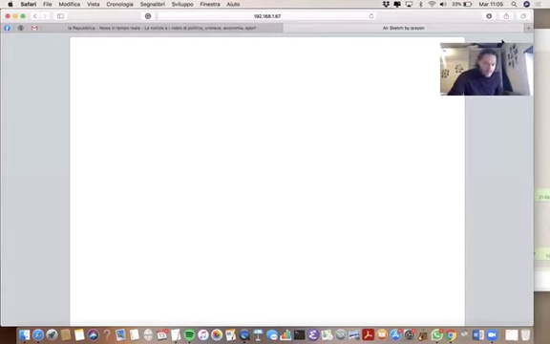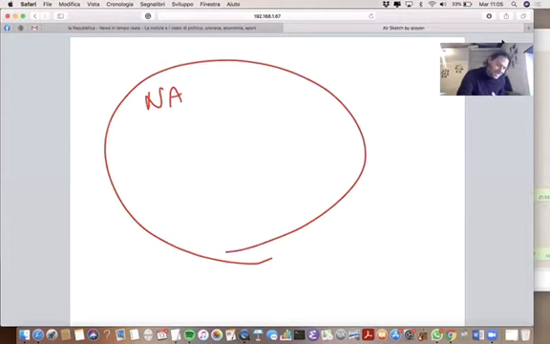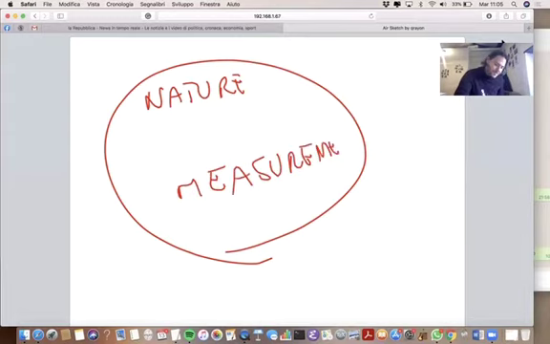In the microscopic world, instead, nature and measurement are strongly entangled. They're basically part of the same world. And you cannot measure a system without changing or affecting its nature. You cannot measure a physical system without changing its nature.